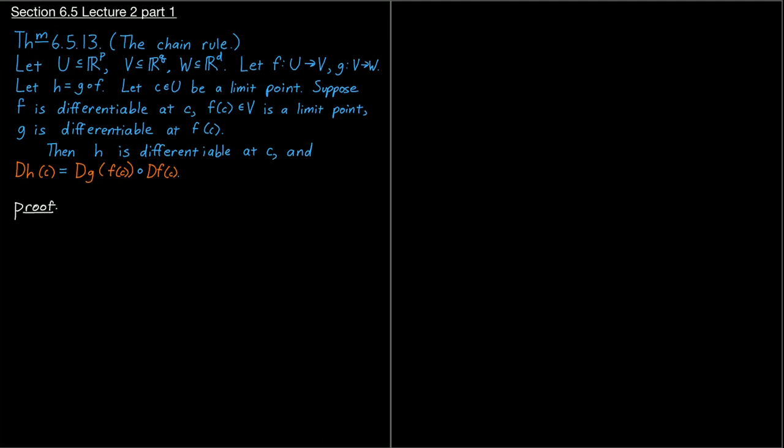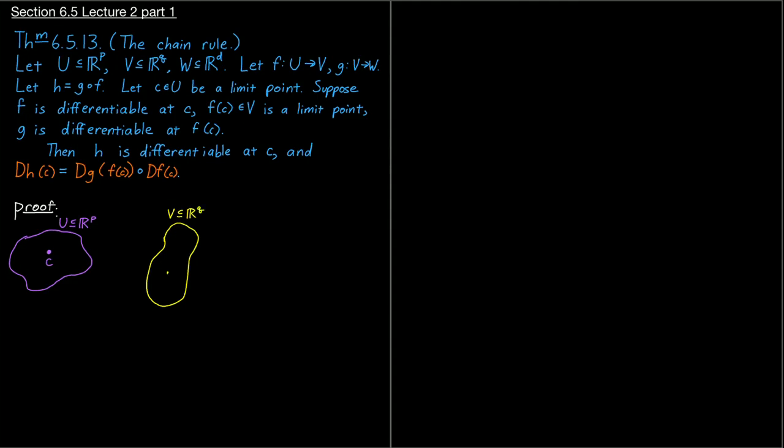First off, I'm going to draw you a picture of what is happening. So just to keep oriented, here is our region U contained in R^P. And we have our point C in the middle there somewhere. And then we've got our region V in R^Q.